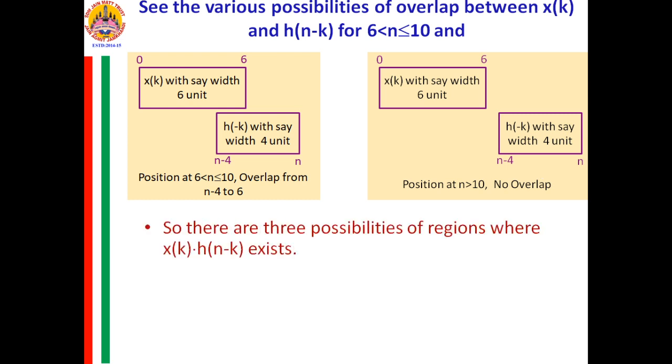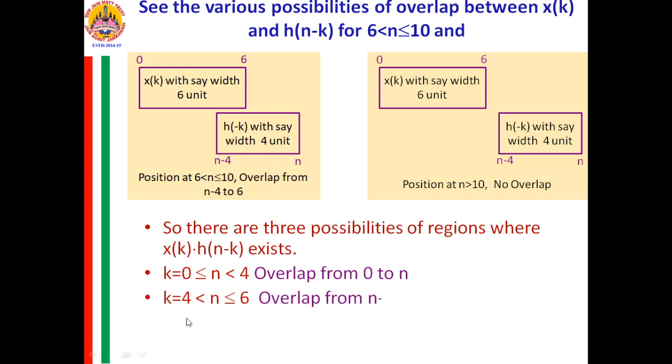So our observation here is that there are three possibilities of regions where x[k] and h of n minus k overlap and the product exists. The one region is where n varies from 0 to 4, so n greater than or equal to 0 and less than 4. At that time, these two overlap from 0 to n.